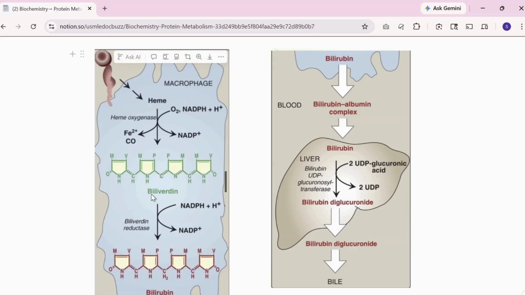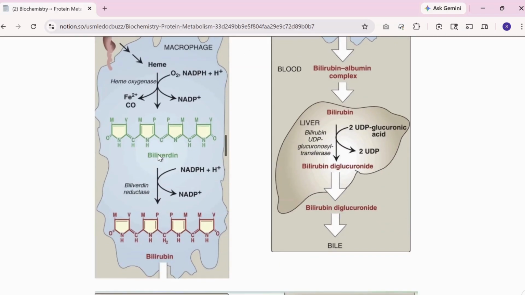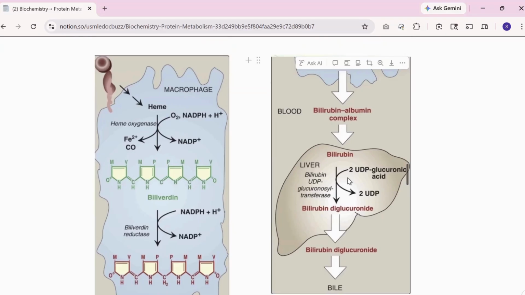Eventually, you will reduce it using energy, biliverdin reductase, and you make bilirubin. This used to be green, this used to be red. You take that bilirubin, give it to the liver, it makes the conjugation happen and secretes it into the bile, and then fatty acid metabolism.